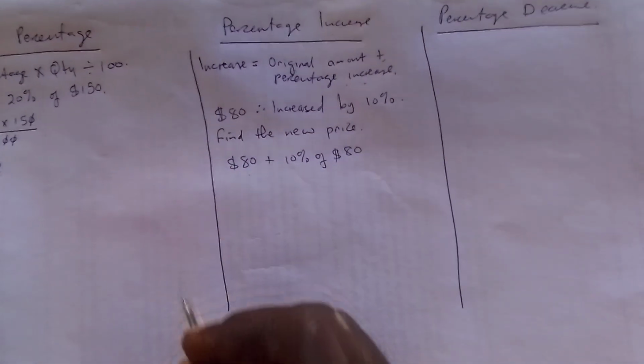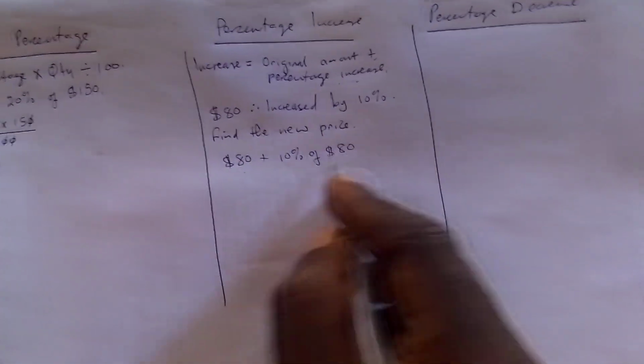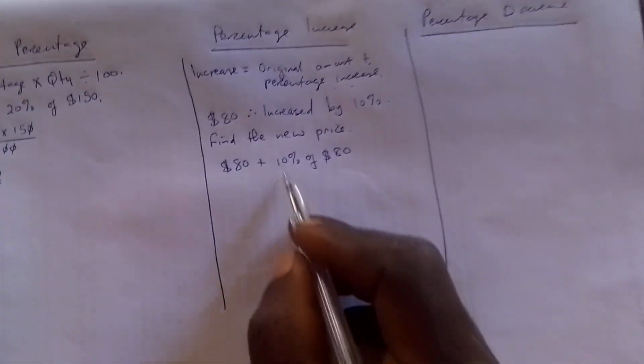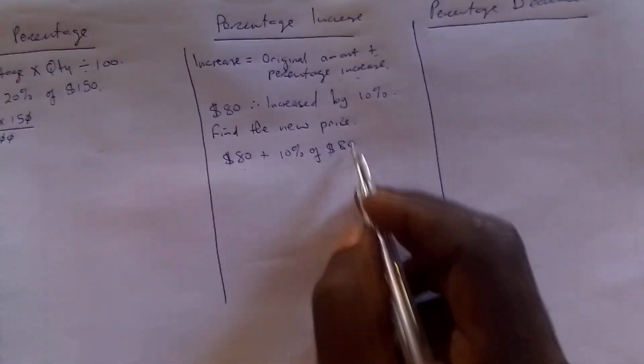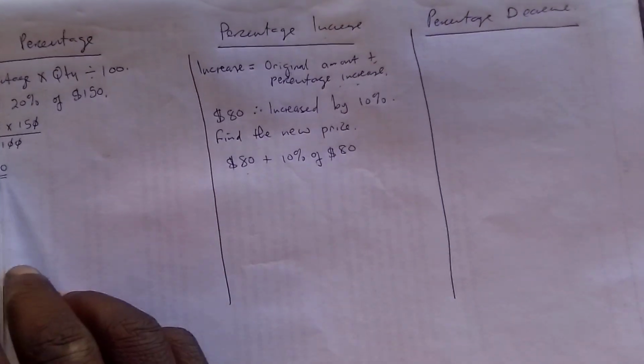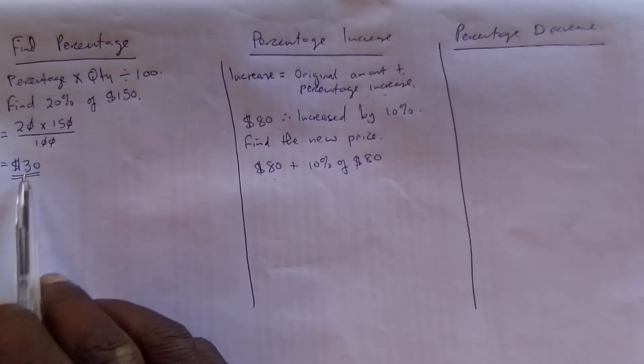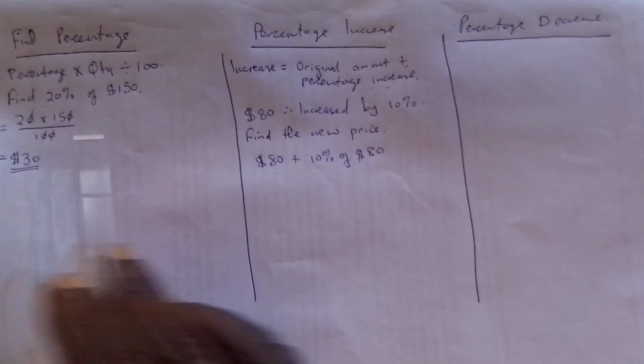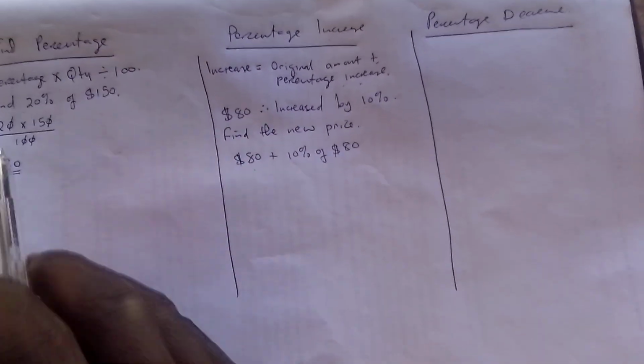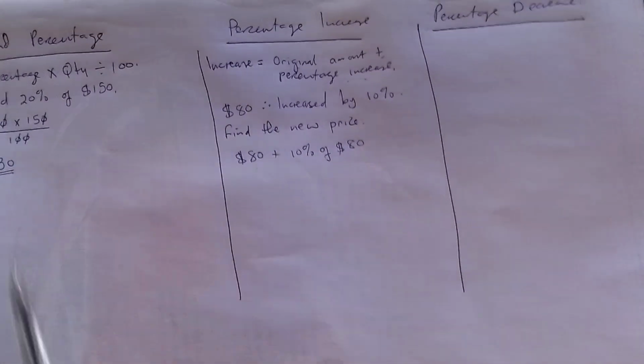Okay, let's just put the dollar sign there. This is our formula. We are going to find 10% of 80 by using this formula. So let's calculate this one first, and then we can do addition, because we must do multiplication first before we add.